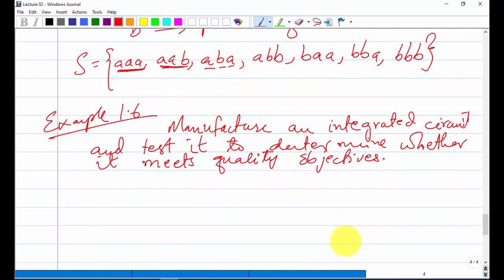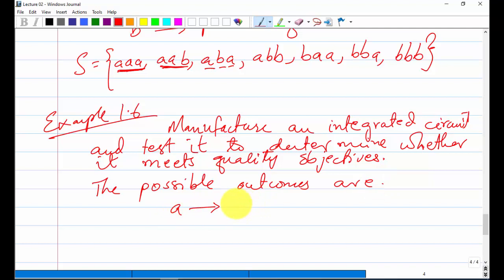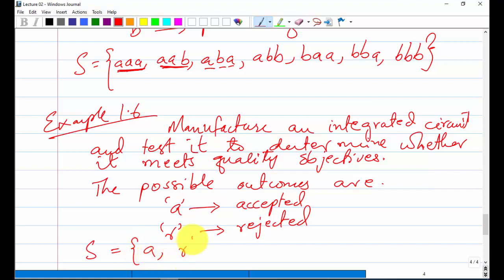The possible outcomes: as we are looking at only one IC, we can represent small a as accepted and small r as rejected. So the sample space would be simply a, r. These are the finest grain, we cannot reduce them further.